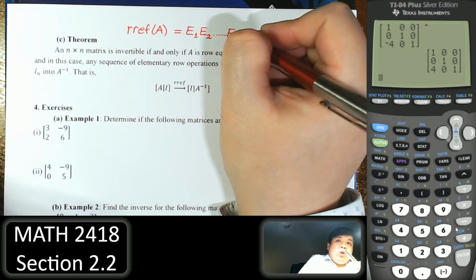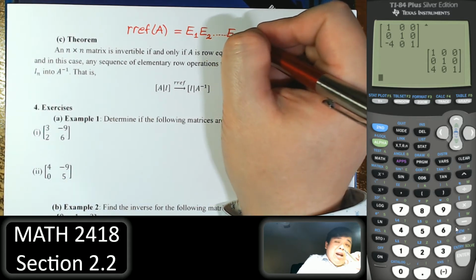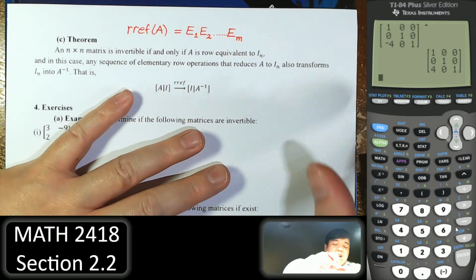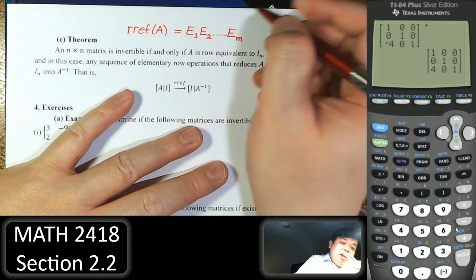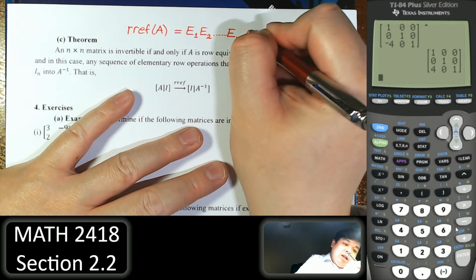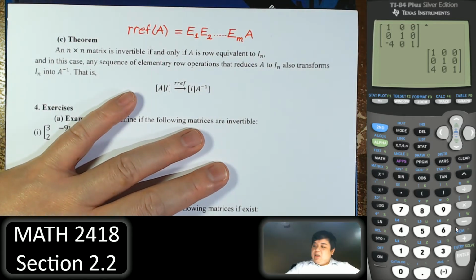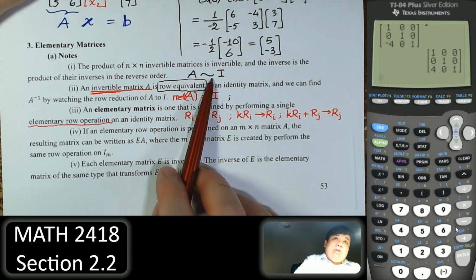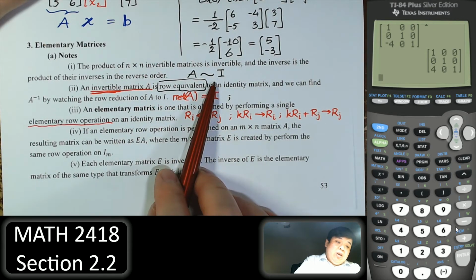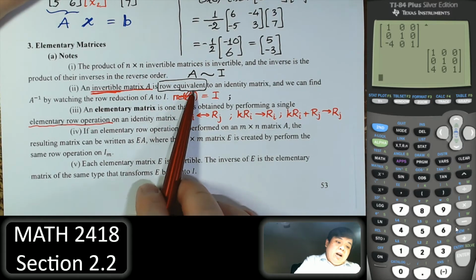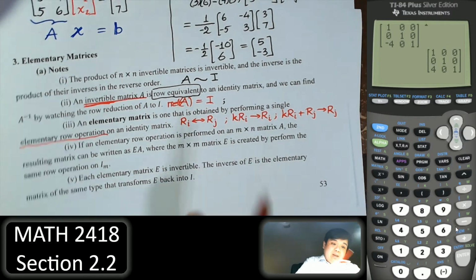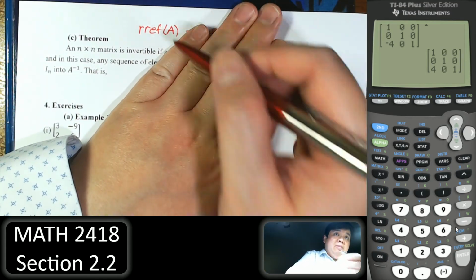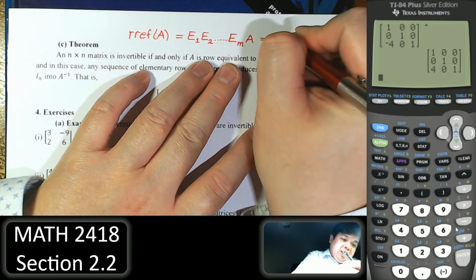I don't want to mess with n, the dimension of the matrix, so just use different numbers. So we use this sequence of elementary matrices multiplied to A. And what did we have? The properties. An invertible matrix is row equivalent to the identity matrix. In particular, the reduced row echelon form of A is equal to the identity matrix.